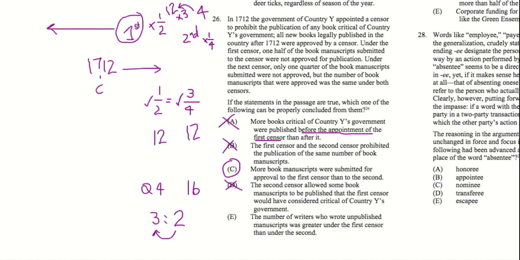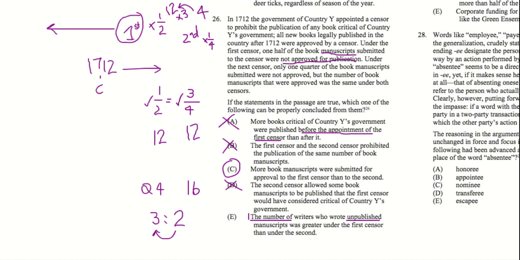E, the number of writers who wrote unpublished manuscripts was greater under the first censor than under the second censor. So the number of writers were greater. Unpublished manuscripts. Okay, so this is talking about unpublished manuscripts. Do we know anything about unpublished manuscripts? Oh, actually, okay, so unpublished manuscripts could just be those that were not approved for publication. So that's not an issue.